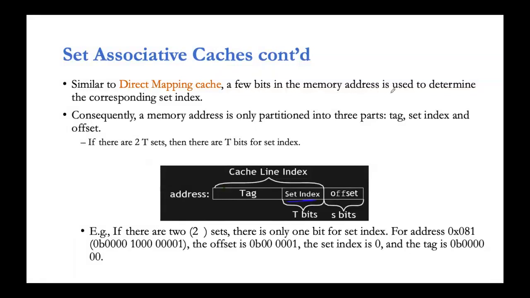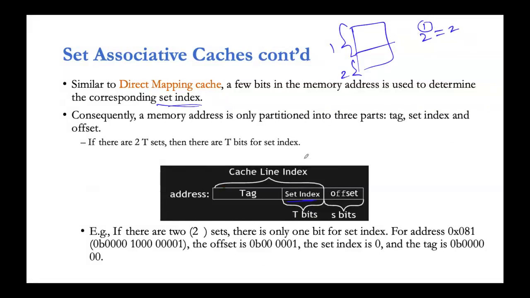So this is similar to a direct mapped cache. A few bits in the memory address are used to determine the corresponding set index. How many bits? If there are two sets in this cache, set 1 and set 2, to represent these sets it requires 2 to the power of 1, which is equal to 2.